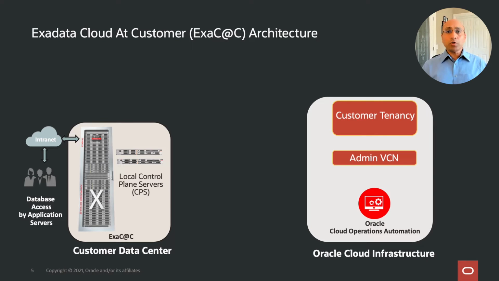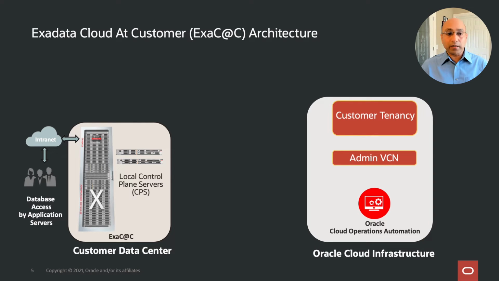All right, so let's go a little bit deeper into the Exadata Cloud Customer architecture. And this diagram is essentially a build-up diagram showing you how the systems are connected with the public cloud. So what you're seeing out there on the left is the Exadata Cloud Customer deployed in the customer's data center.